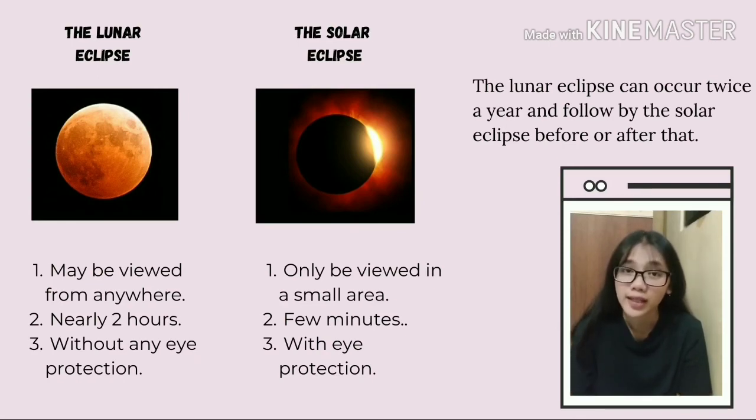A total lunar eclipse can last up to nearly 2 hours, while the solar eclipse only lasts up to a few minutes. Also, unlike the solar eclipse, a lunar eclipse can be seen with naked eyes without any eye protection or special precautions because it's not dangerous.